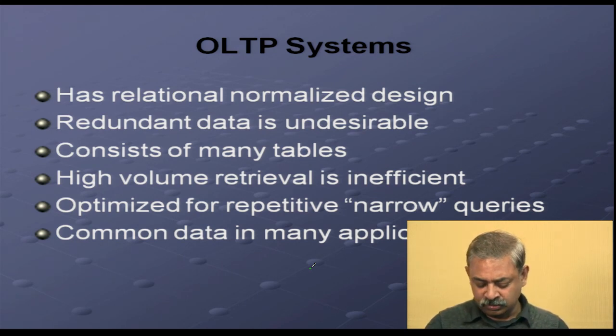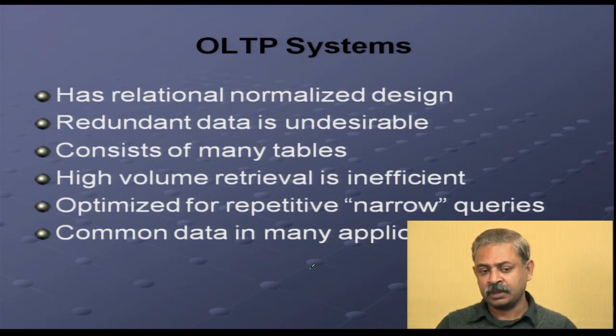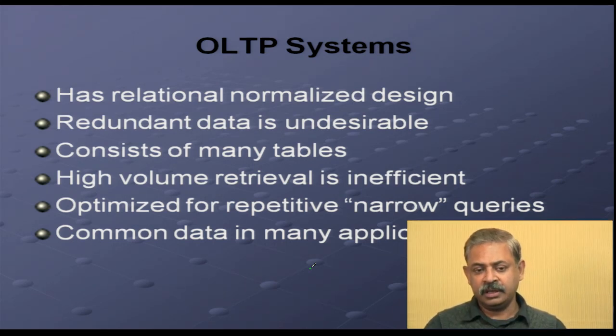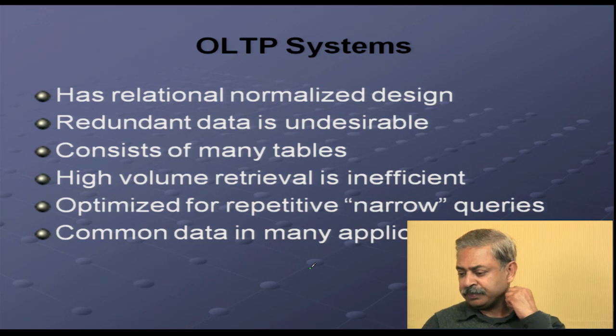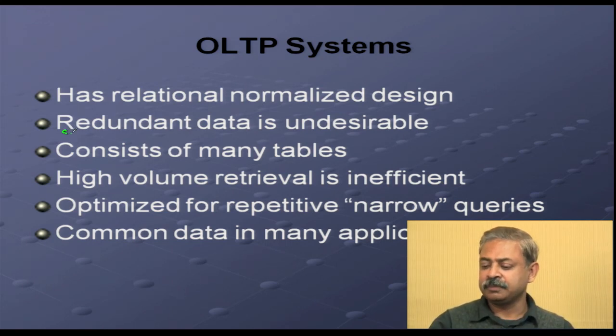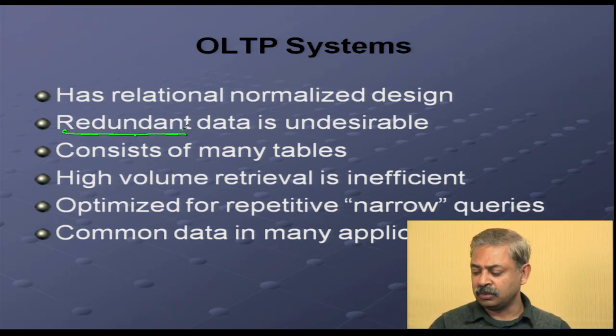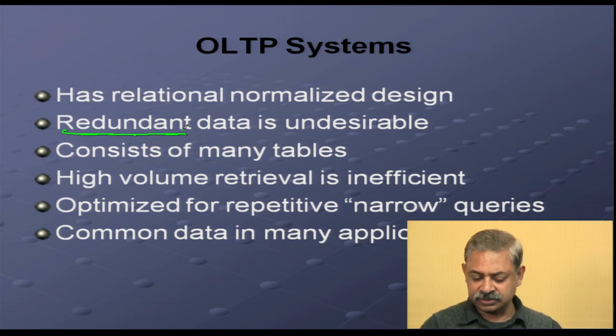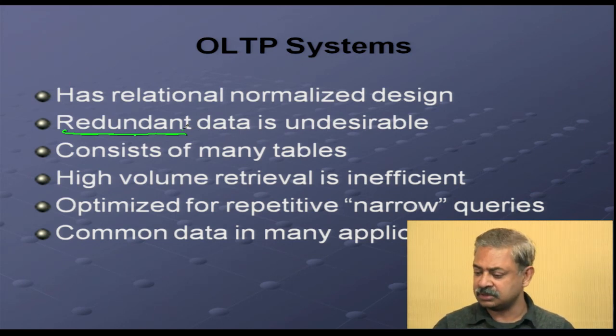If it is not normalized, the updates are going to take very, very long. Redundant data is undesirable, so in operational systems we try to do away with redundant data. Redundant data is typically not a good thing as far as operational systems are concerned. I'll talk about redundancy in much more detail as we go along.